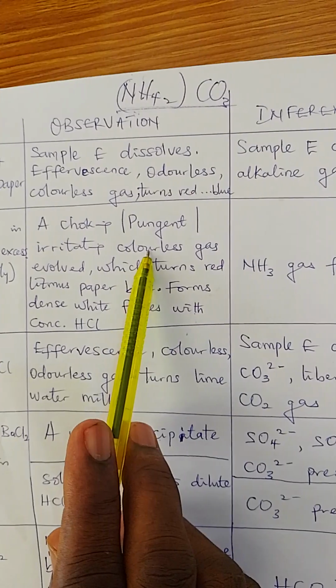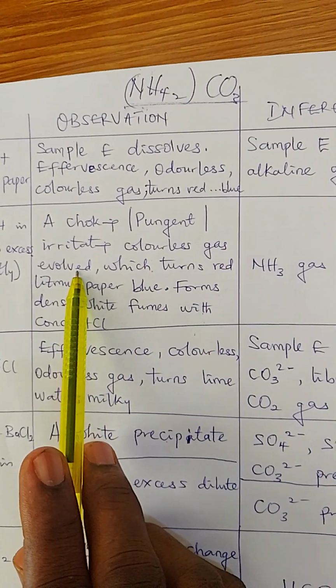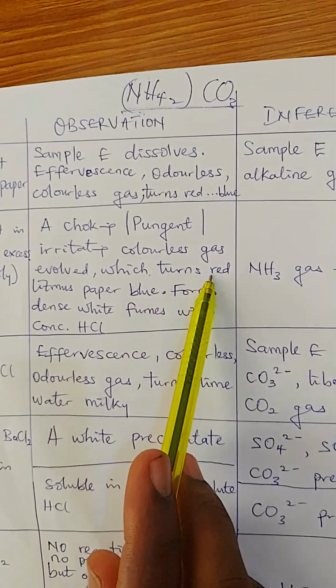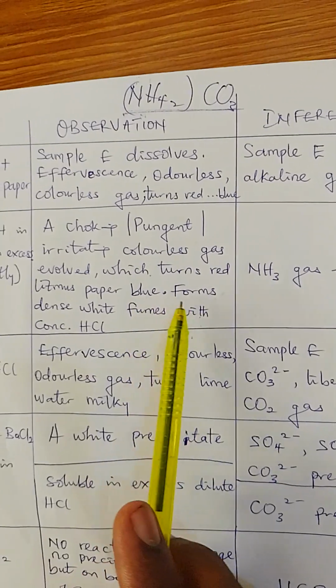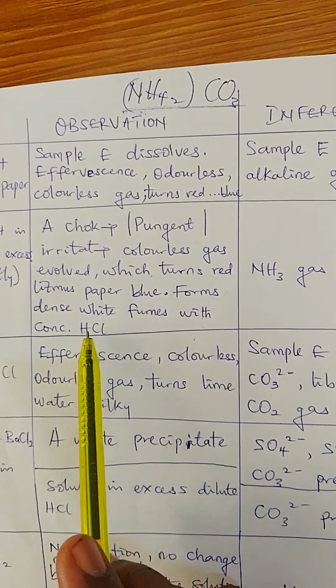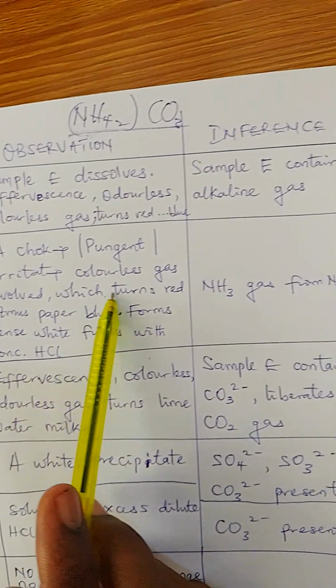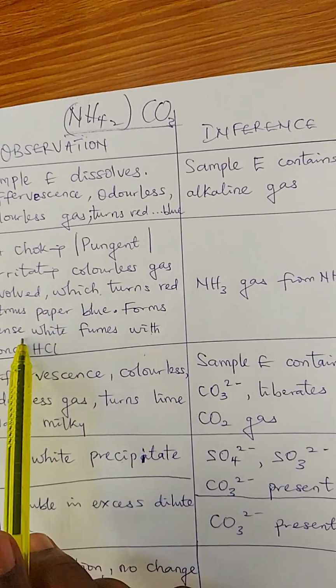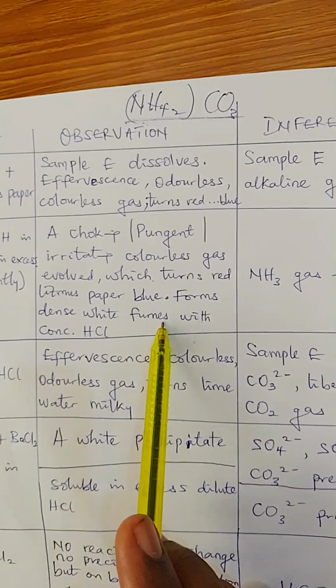Of course, the gas which evolved is colorless, and that gas turns red litmus paper blue. And if you get an iron rod dipped in concentrated HCl, take it to the mouth of this solution, it will form dense white fumes.